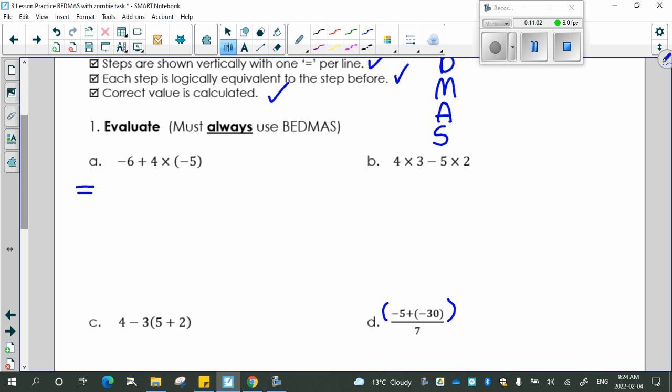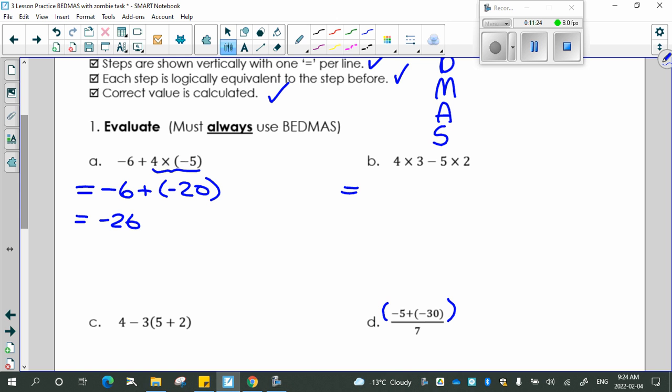So for the first one, I saw every person on the whiteboard doing the -6 plus -20, which was awesome. So you did the multiply first, but kept the -6 there, and ended up with -26. Perfect. The second one, again, BEDMAS, so I saw a couple different things.